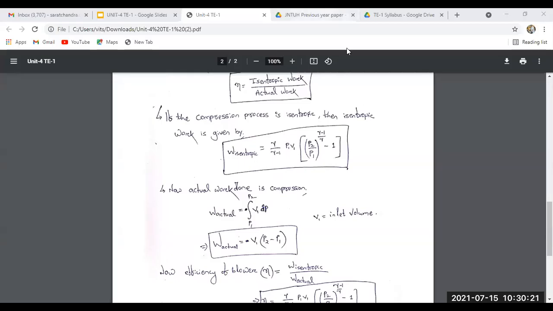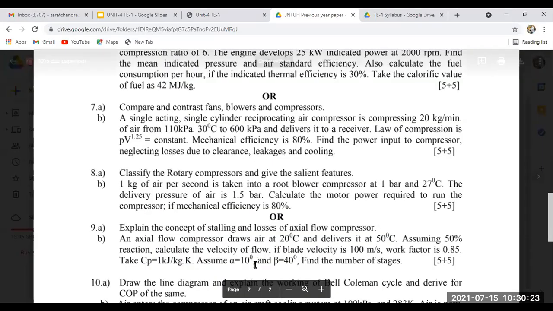So these were all questions that came in the previous years, which we have already covered. With this, we have completed this question. Question number 8B was for 5 marks.